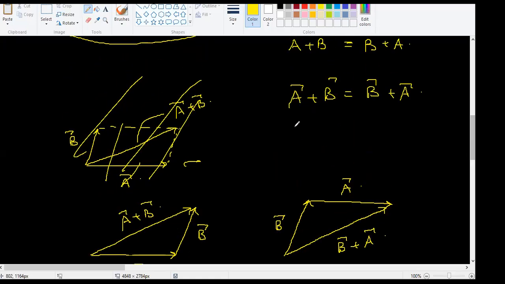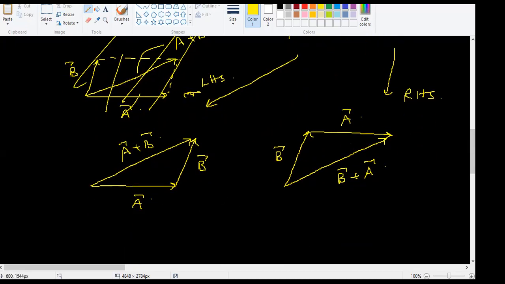So this is your LHS, this is your RHS, which means you prove that they are equal. Vector addition is commutative. Proved.